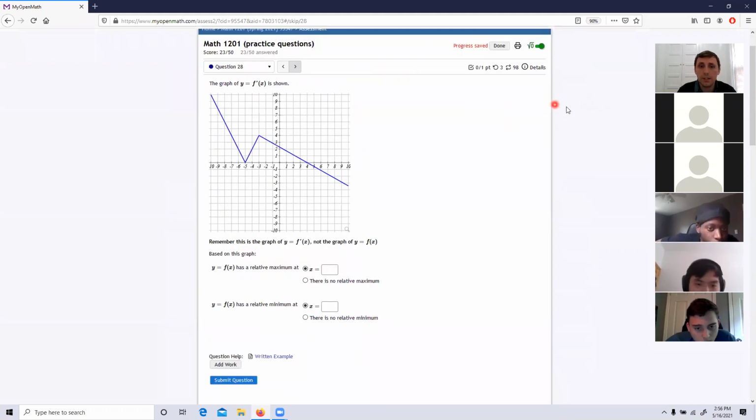Here is another one. Please help me. You need to find maximum. Where is the maximum here, and where is the minimum here if there is one?